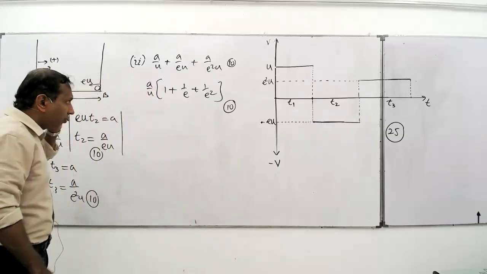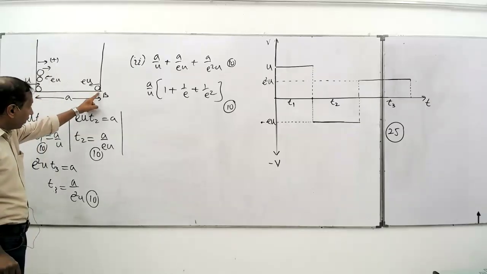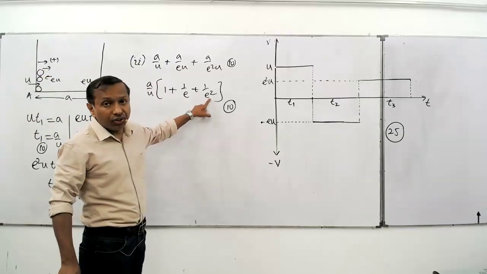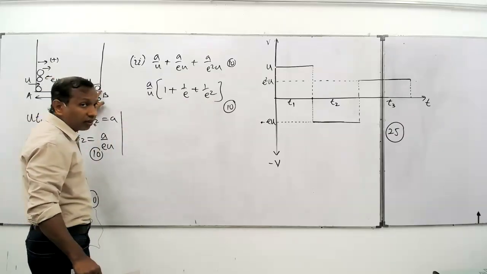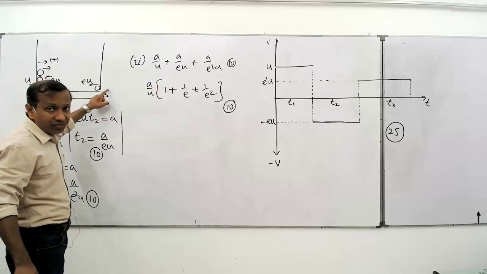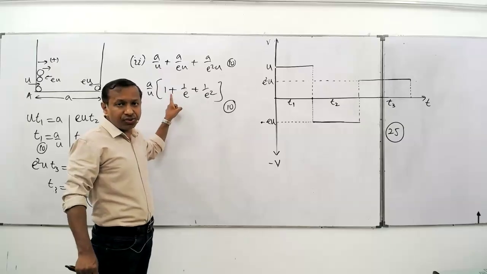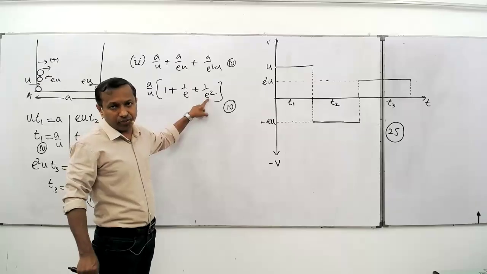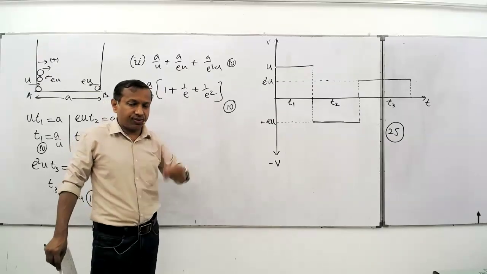Number of collisions, so when I say here, up to how many collisions? 2 collisions. From here to 1, here 2, next one we didn't consider. Up to 2 collisions, the times are for the first journey time, second journey time, third journey time. 3 journeys, 2 collisions.